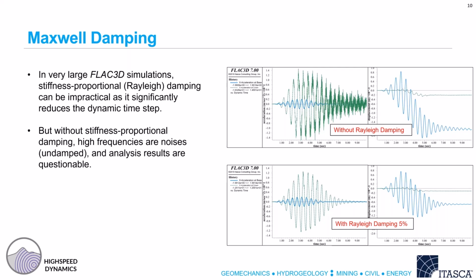However, without stiffness proportional damping, high frequencies are noisy, so analysis results are questionable. If we look at these two figures, the upper figure is without Rayleigh damping, and we can see a lot of noise. With Rayleigh damping at a 5% damping ratio, the results reduce that noise.